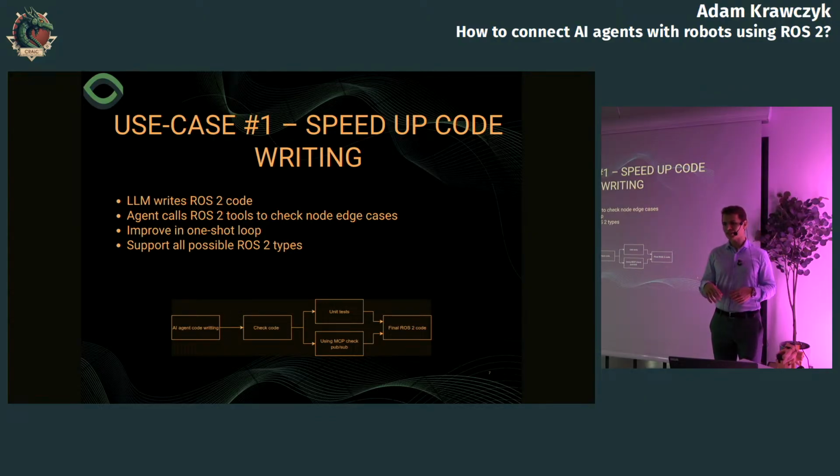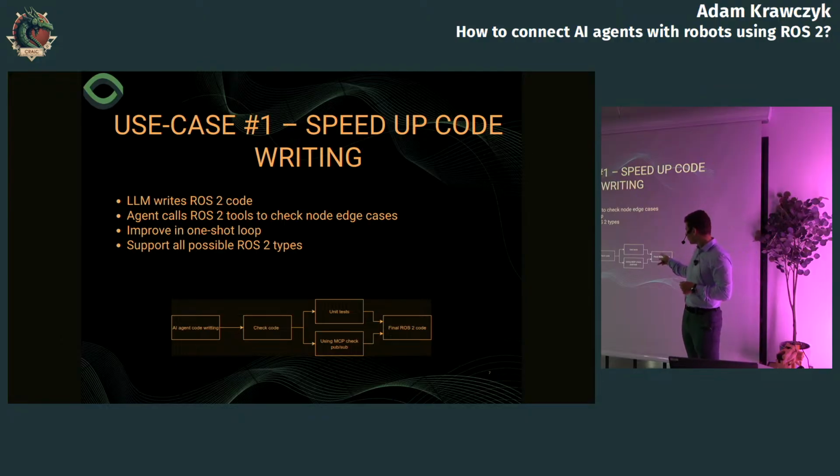So we decided to write a tool that will basically fine-tune the controllers automatically in a one-shot loop of code generation. The way it was supposed to work was an AI agent is writing the code. Later, it's checking, auto-fixing.